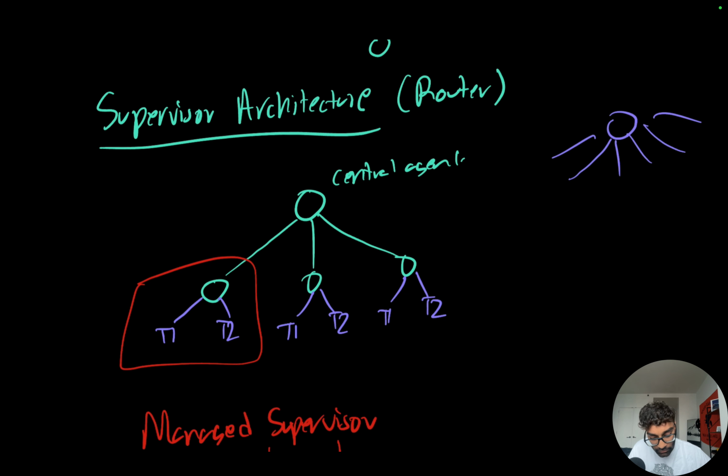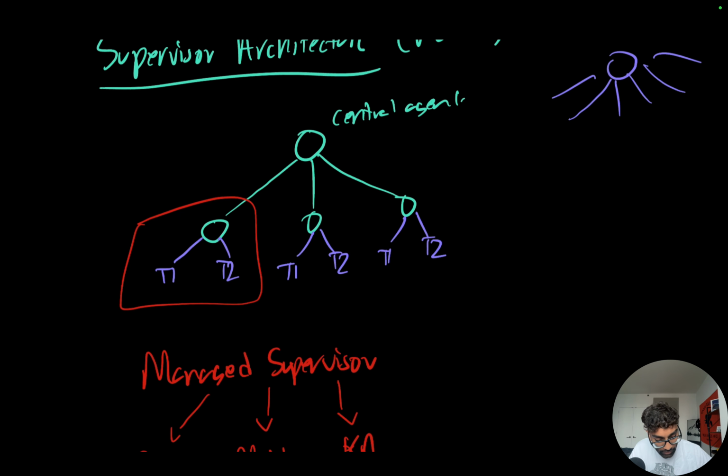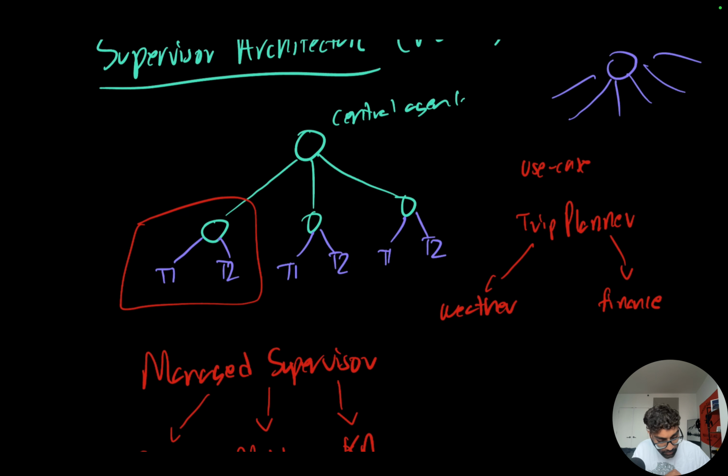So here with the supervisor architecture, for our use case, we have a mock trip planner agent. And this trip planner agent has two sub-agents. One is weather. Maybe I want to see what the weather's like in the location that I'm planning. And then the other is a finance planner. Through these, we expose different tools, for example the forecast.